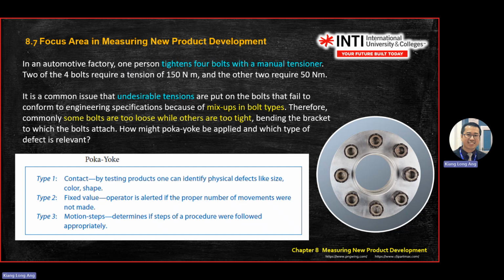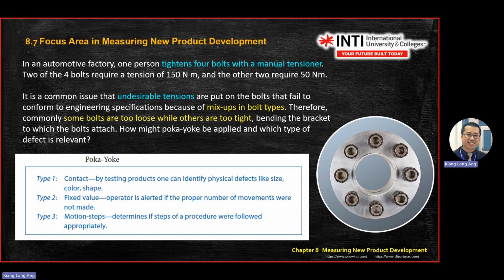It depends. If you use type 1, you elaborate on type 1. So for example, if you use type 1 Poka-yoke, it is contact. So your testing can identify physical defects like size, color, and shape. So basically you are elaborating using size, color, and shape. So if you want to do tightening using 150 and 50, maybe you use different color bolts.